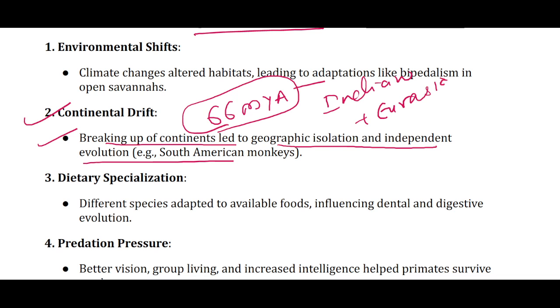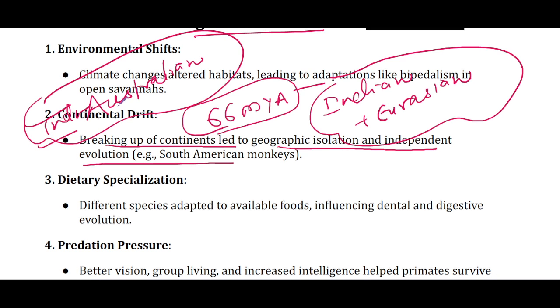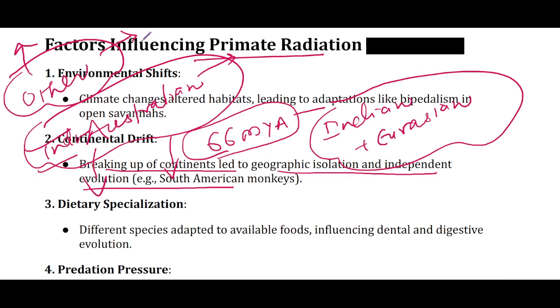And it was also the time when the Indian plate, which was part of the Indo-Australian plate, along with other plates, were dispersing, floating freely throughout the world, throughout the water bodies, or here they kept drifting.